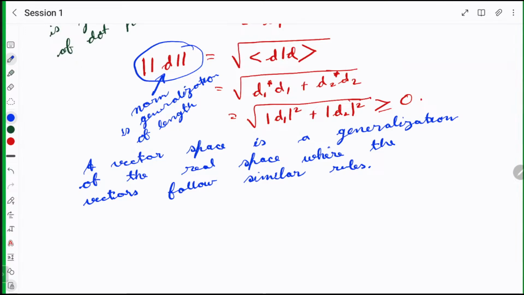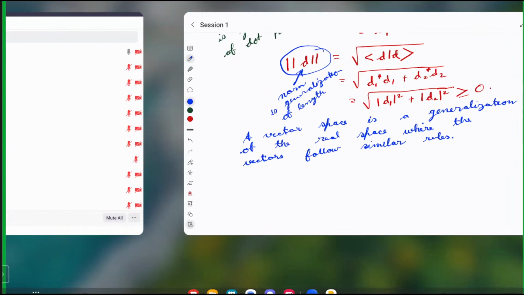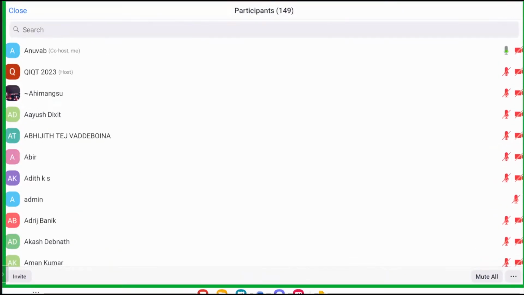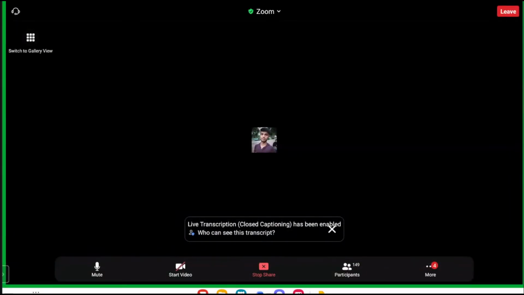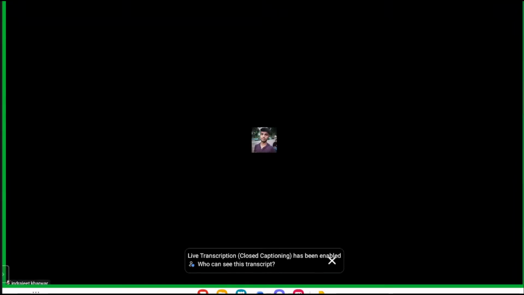So is this understandable to people? I know maybe a lot of you are already familiar with the concept of vector spaces, but for those who were introduced to it for the first time, is there anybody here? So all of you knew vector spaces before, right?